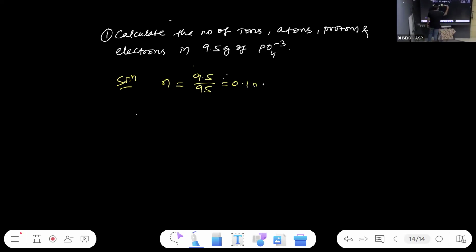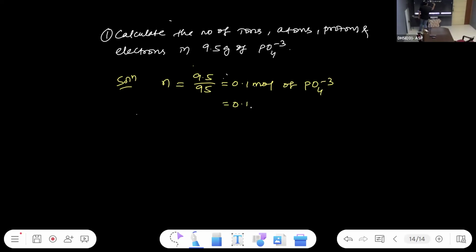So 0.1 mole of phosphate. Now number of ions is 0.1 into Na ions. First part clear.